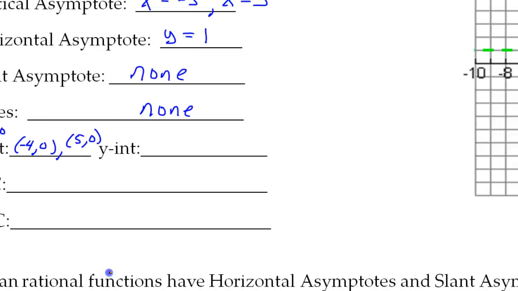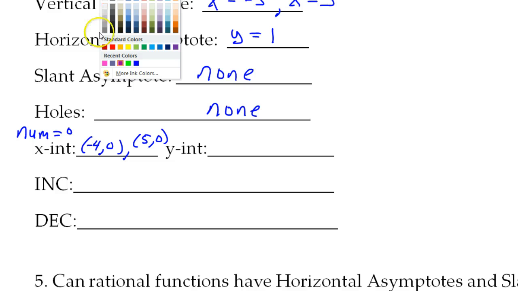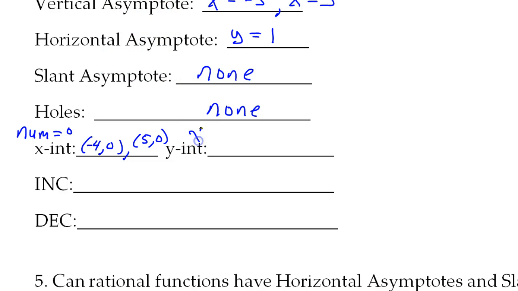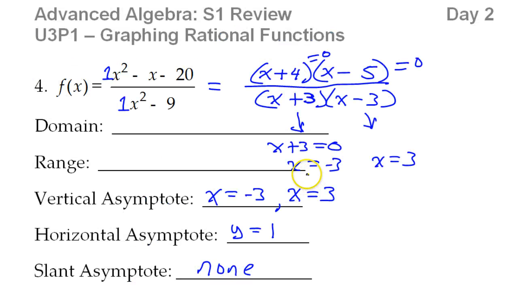Okay, what else? Oh yeah, y-intercepts. The y-intercept will be what you get when x equals 0. So if we go back and let x equal 0, what happens? This is 0, and this is 0, and this is 0.